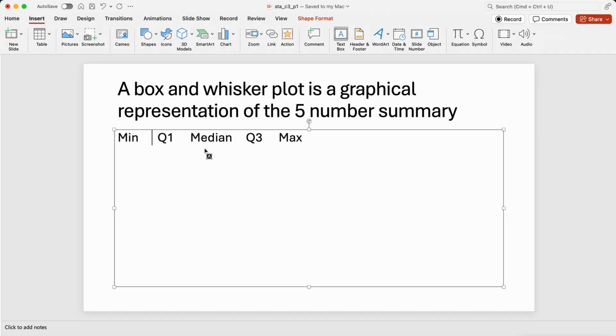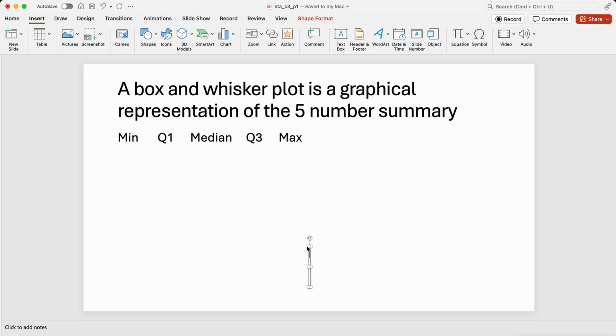Now we haven't actually defined the Q1 and the Q3, so let's do that really quick. Hopefully we know what the minimum is. That should be fairly straightforward. For the Q1, I'm going to write it like this: the boundary line of the bottom 25% to the top 75%. That's what the Q1 is.